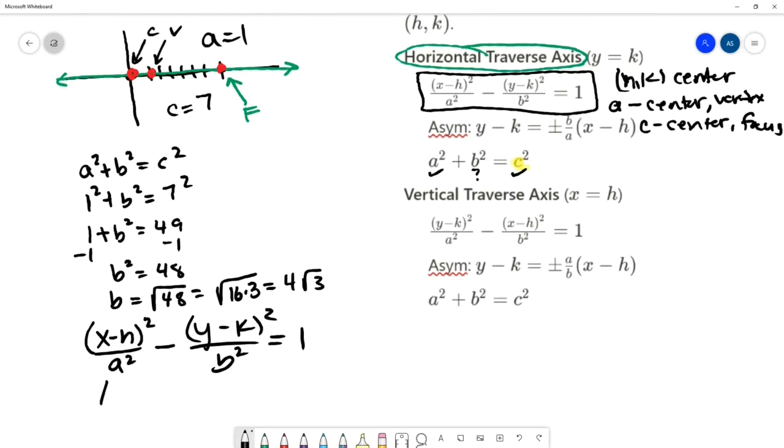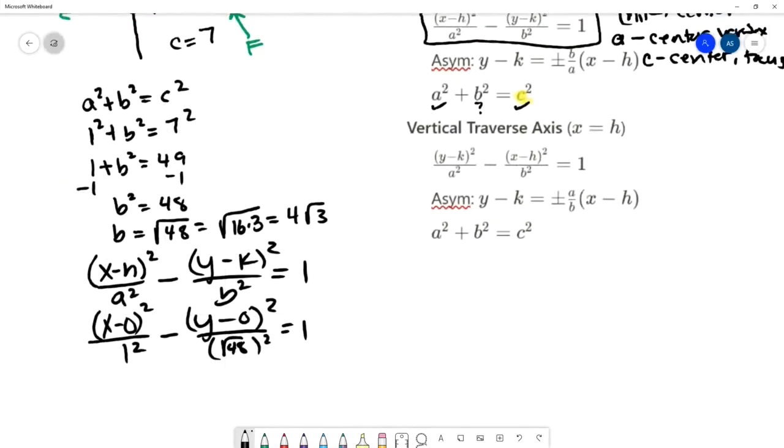We have (x minus 0) squared over 1 squared minus (y minus 0) squared over square root of 48 squared.